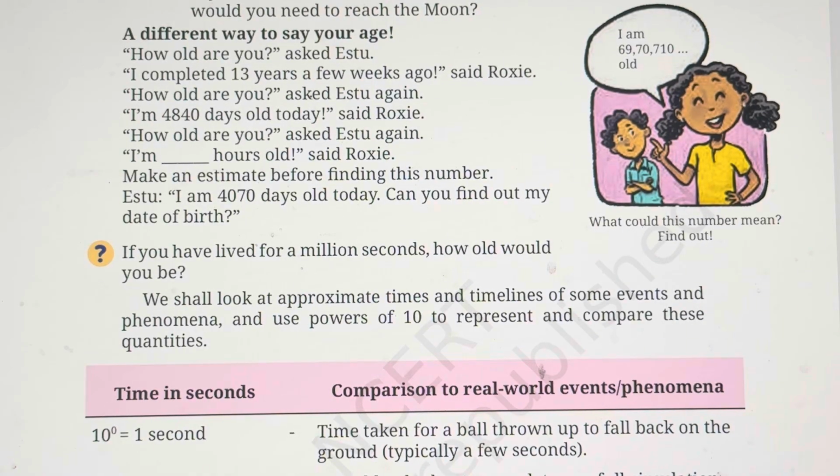Okay, so now we will first try to understand how to convert these days into hours. Here it is also written that make an estimate before finding this number. So first we'll make an estimate and then we'll find the exact hours for 4840 days.